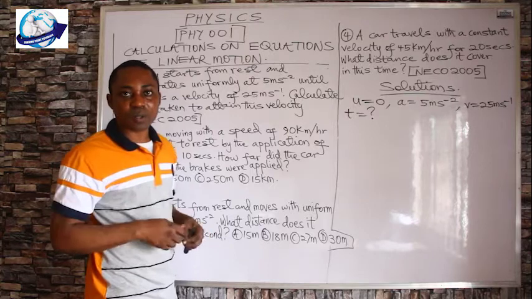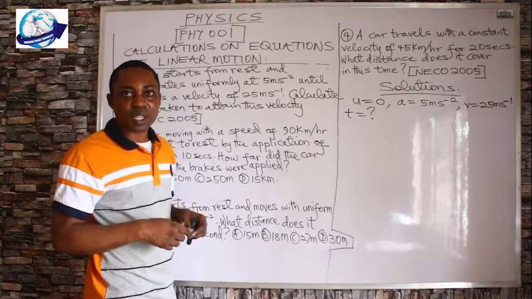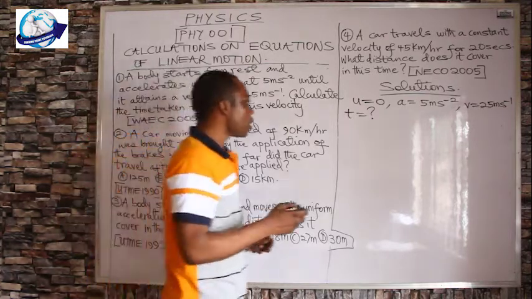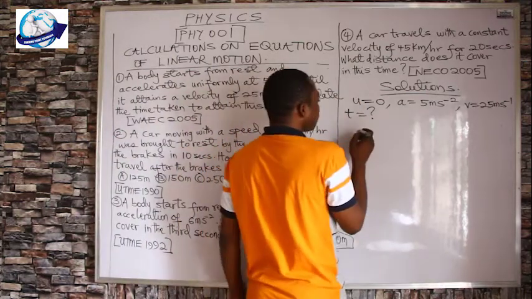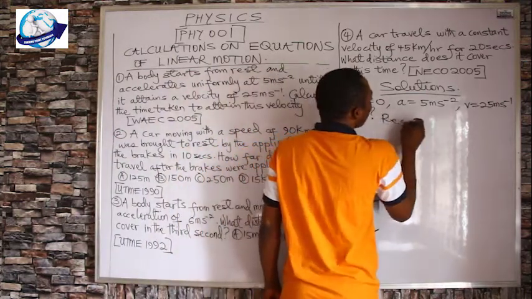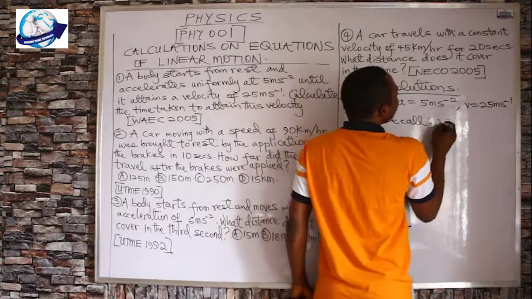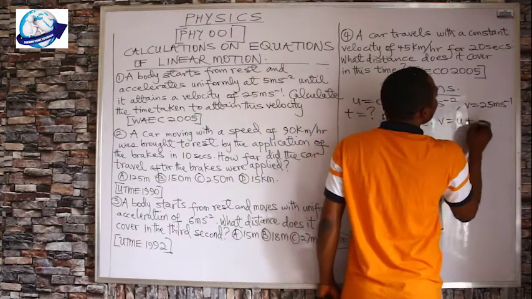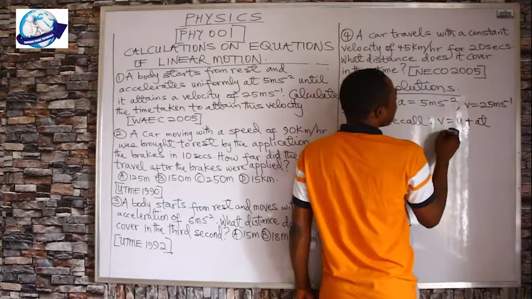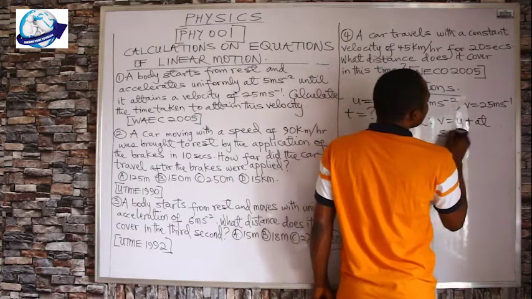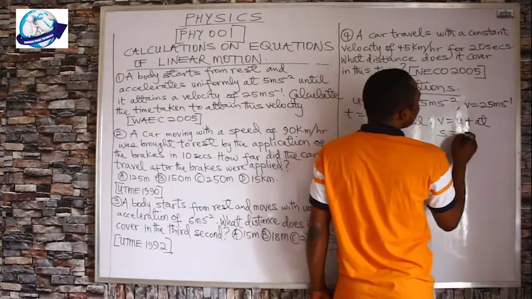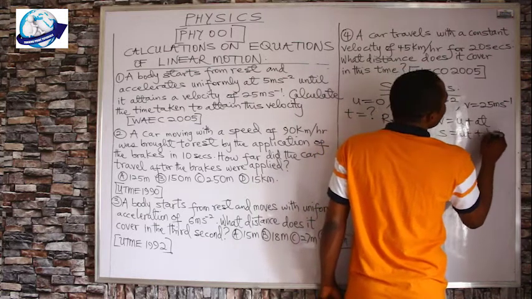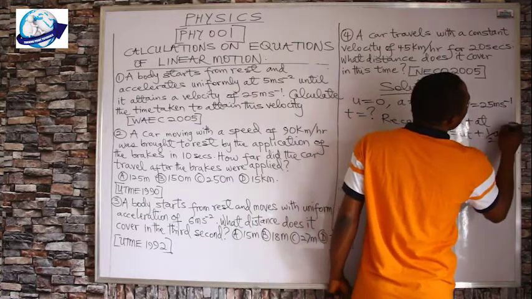Remember, we need to always try to recall the equations of motion, the equations of linear motion. Recall that v is equal to u plus at, and that s, the distance or displacement, is equal to ut plus half at squared.